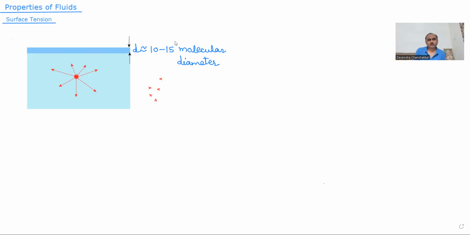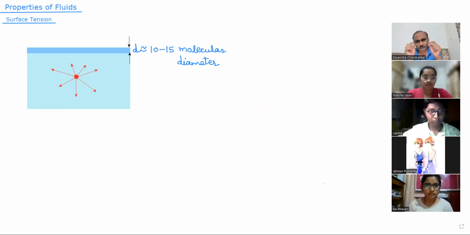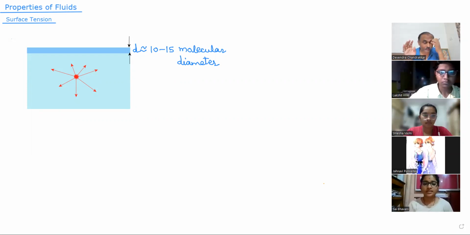Neighboring molecules are attracting this molecule, exerting force on it. So the net force acting on this molecule is zero. I hope all of you understood it. This molecule is attracted by all the surrounding molecules, and that is why the force acting on it is zero.